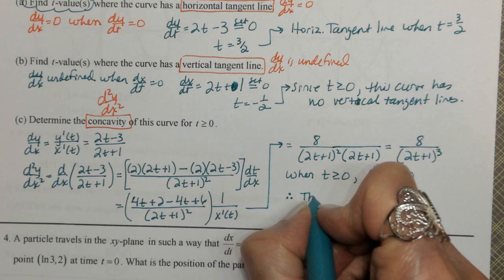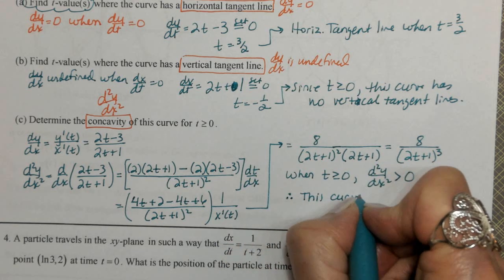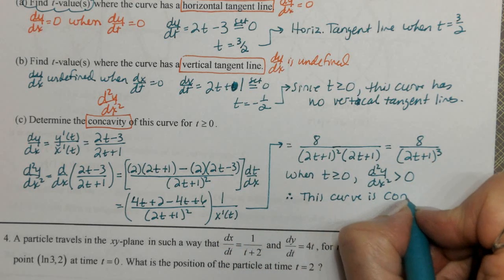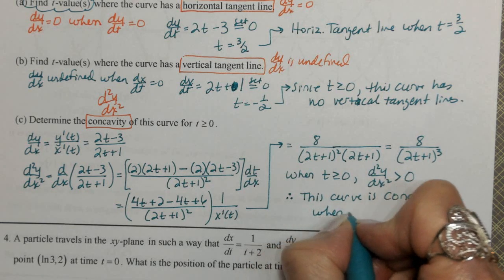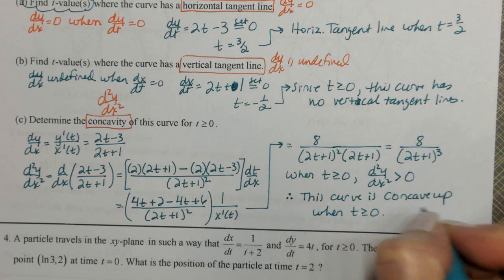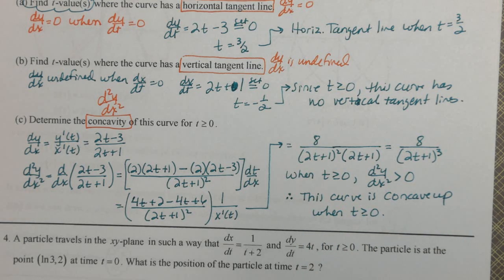Therefore, this curve is concave up when t is greater than or equal to 0. Nice, huh? I like it.